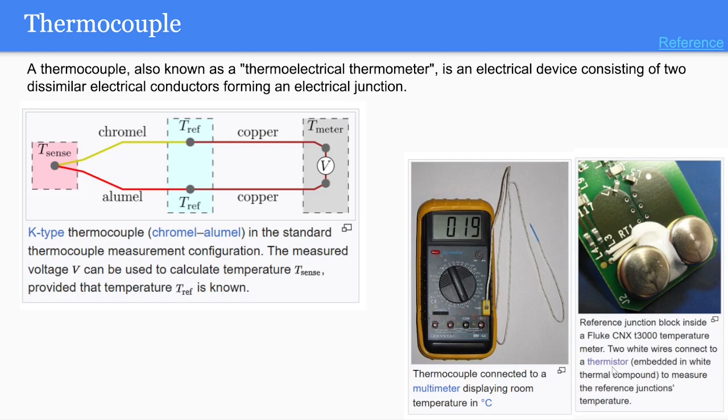Okay. But as you can see, the miniaturization of electronic devices is pretty significant and always evolving. Okay.